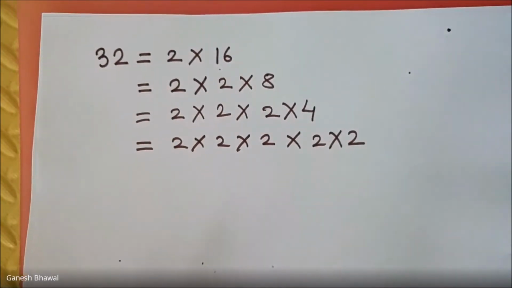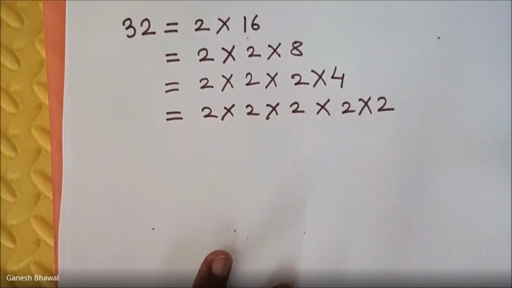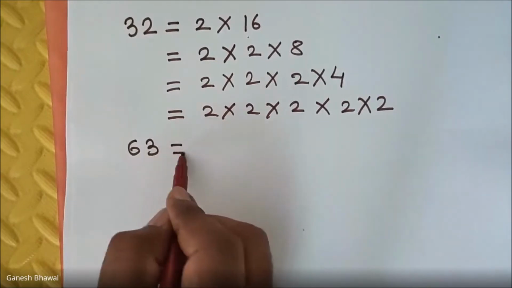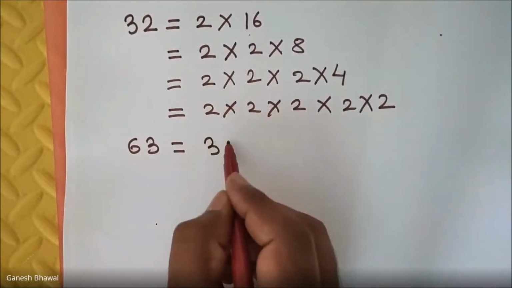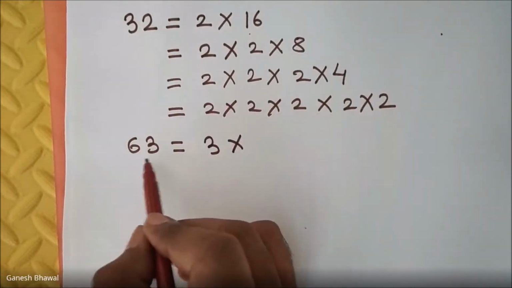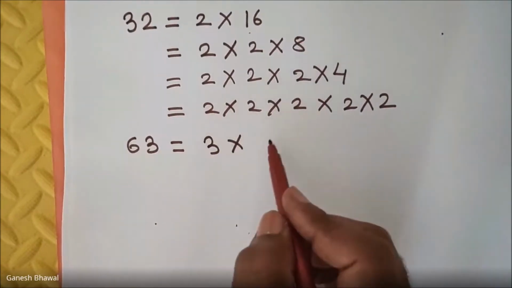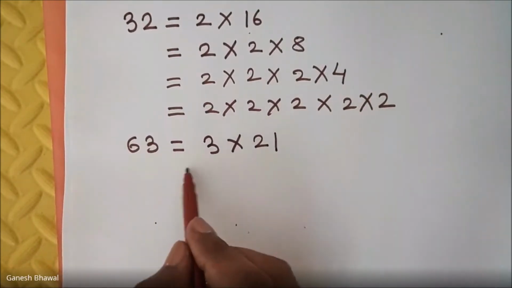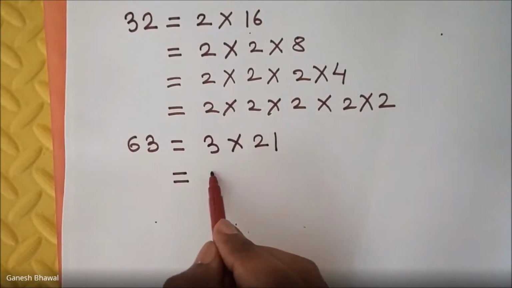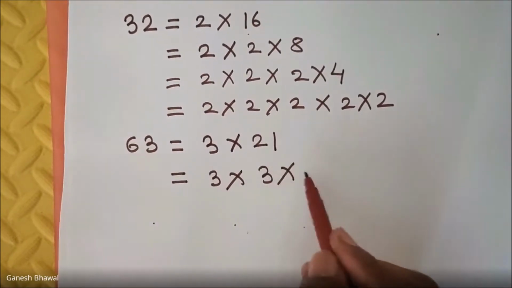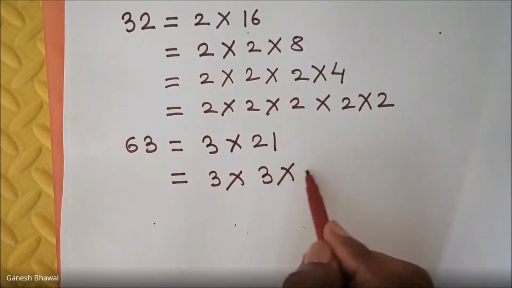Now we will take an odd number, 63. 3 into dash equals 63. 21. Now 3 into 7.